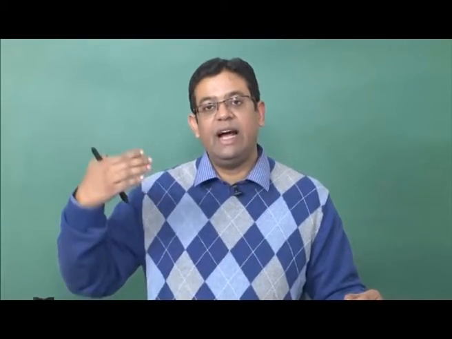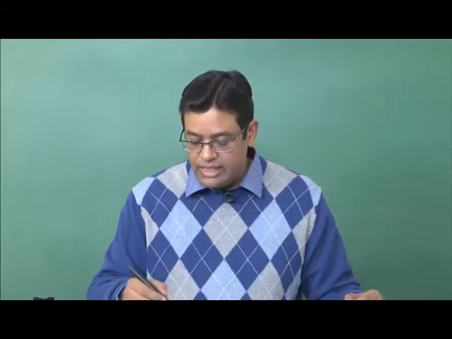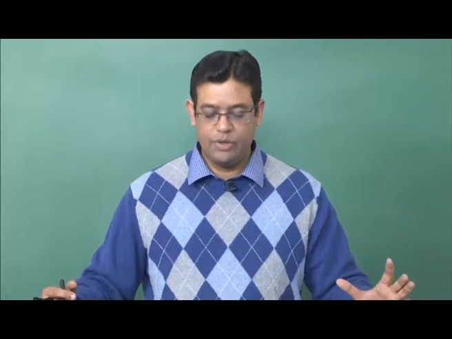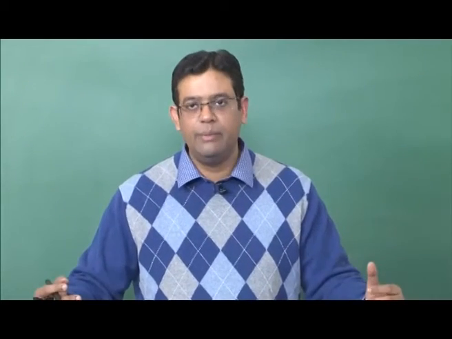It forms a very nice moisture barrier, and these are made by this process. You can also use electron beam evaporation if the vapor pressure of the material being evaporated is not very high. Okay.